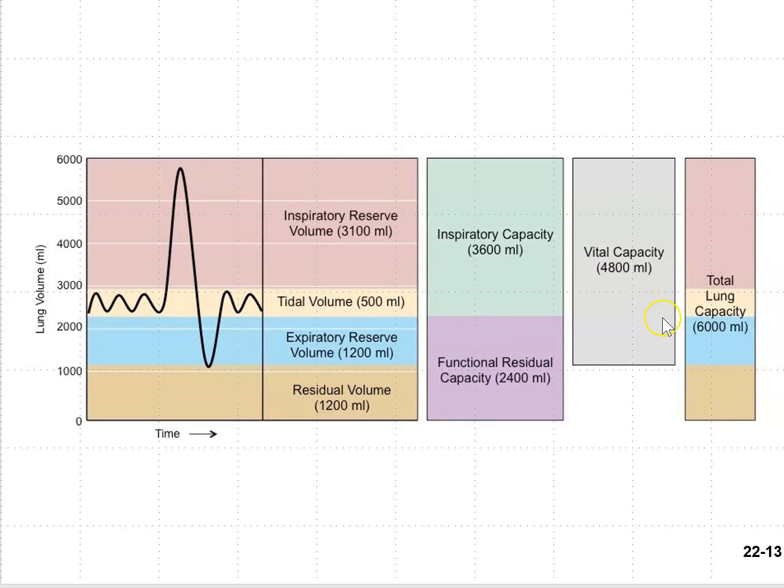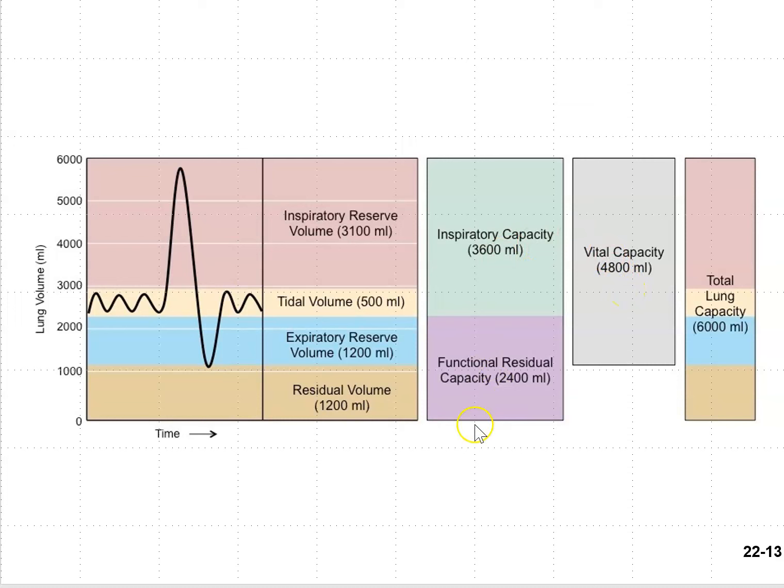And then you have the vital capacity. Vital capacity is the volume of air that can be exchanged by the lungs through maximum inhalation and exhalation. So you can see that out of 6,000 ml that you can maximum breathe in, you can only inhale and exhale about 4,800 ml.